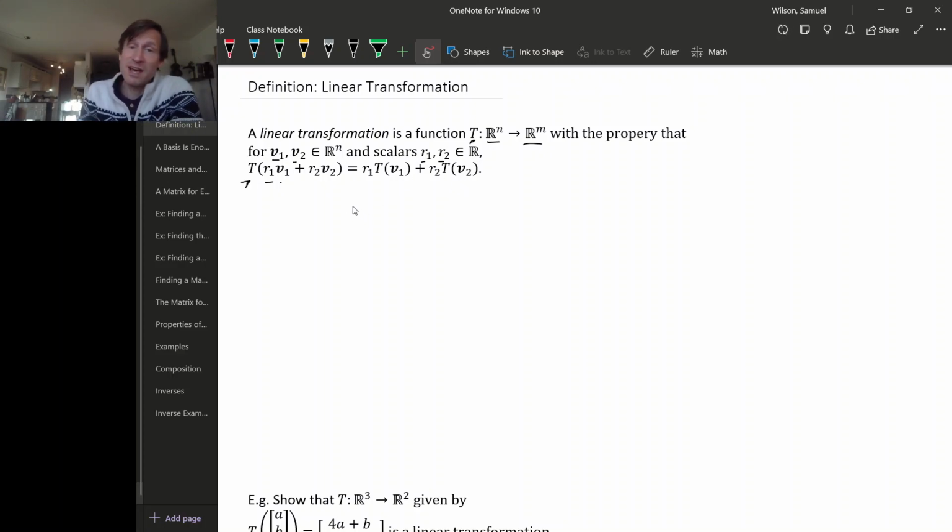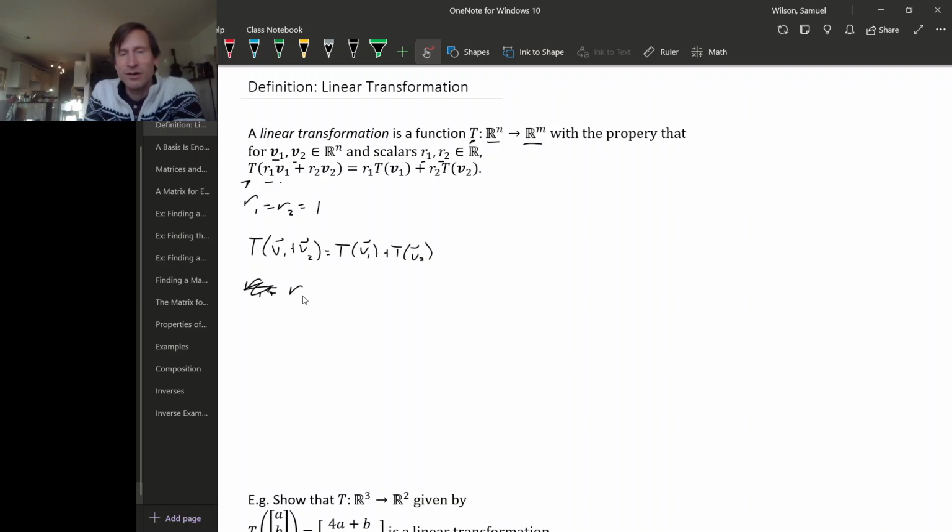Now this is really the same as the two properties that we got from matrix multiplication, because if you take r1 and r2 both equal to 1, then this turns into T applied to v1 plus v2 equals T applied to v1 plus T applied to v2. And if you take r2 to be 0 and r1 can be anything, then this turns into T applied to r1 v1 equals r1 times T applied to v1.